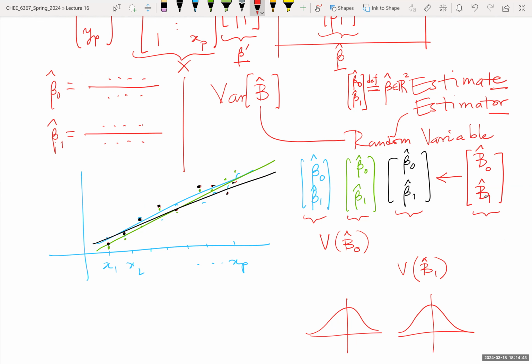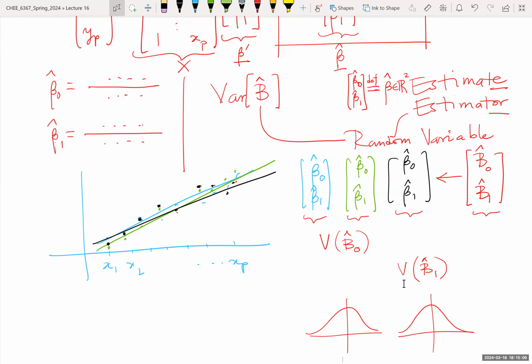But in addition to these, the two individual variances, there is more here, because these two random variables, beta 0 and beta 1, may be related to each other. So if one goes above its typical real value, does the other one also go above its typical value?